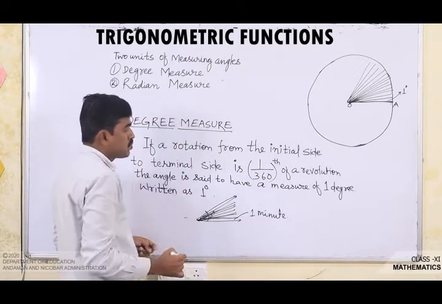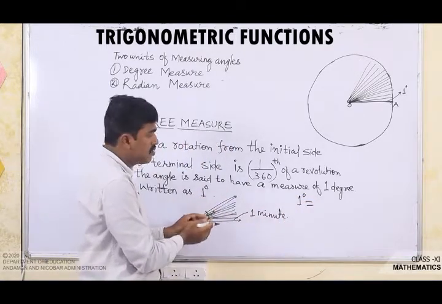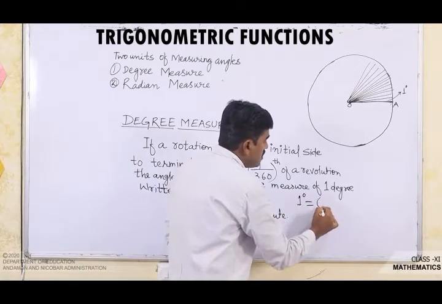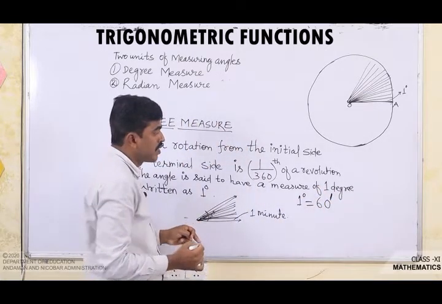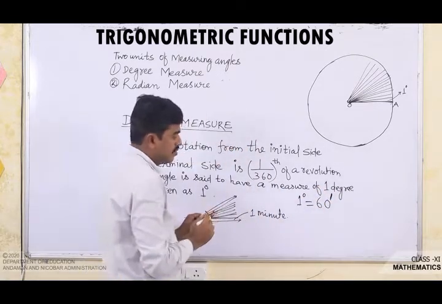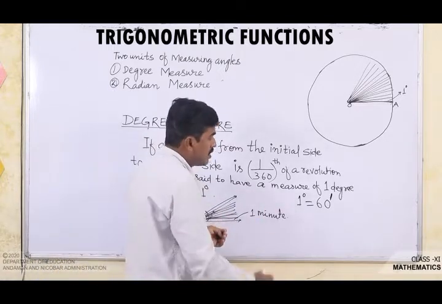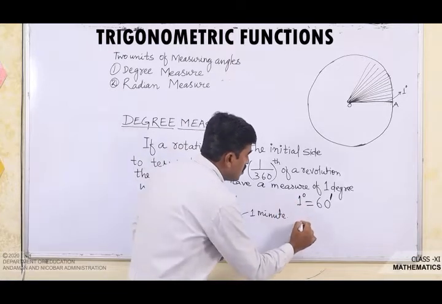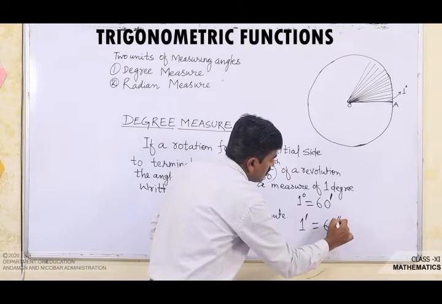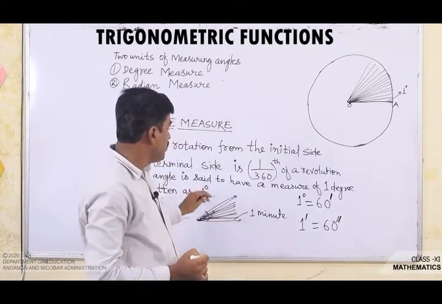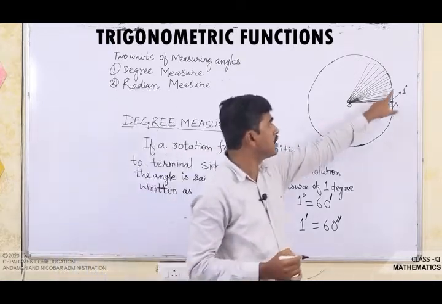So in 1 degree there are 60 minutes. This is the symbol for minute. Now this 1 minute is further divided into 60 equal parts and each part measures 1 second. So 1 minute is equal to 60 seconds. This is the symbol for seconds that you all know. So 1 degree is 1 upon 360th of a revolution, one complete rotation.